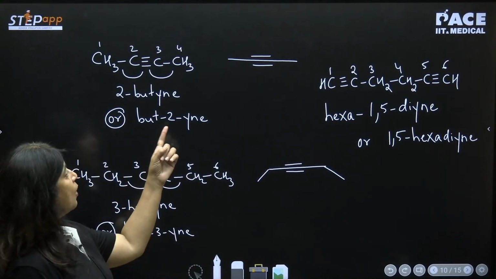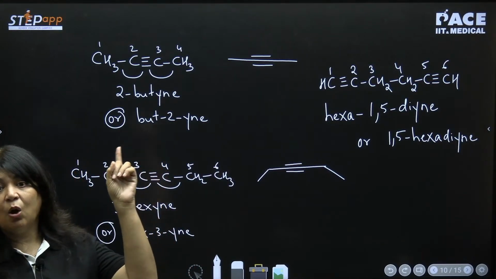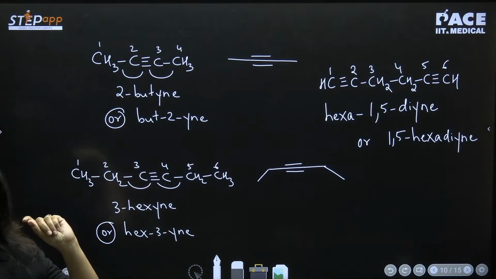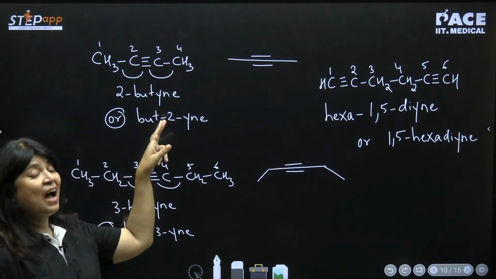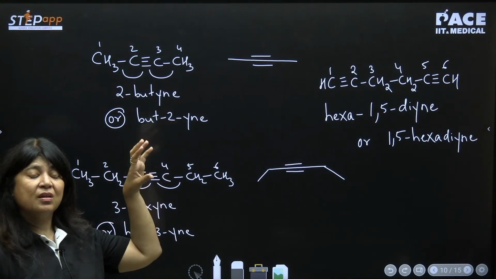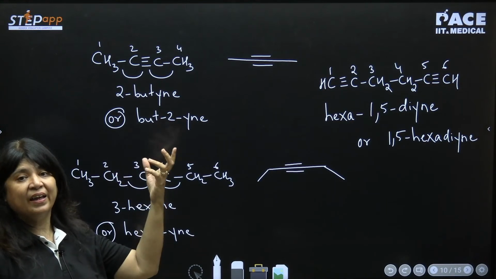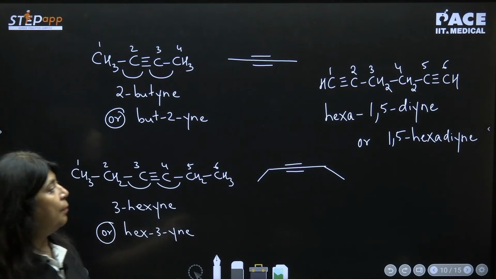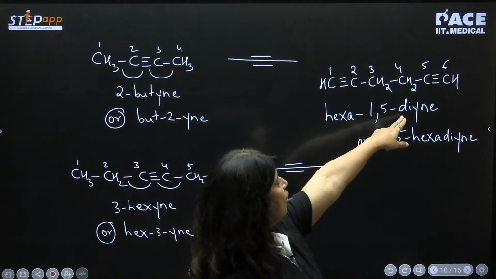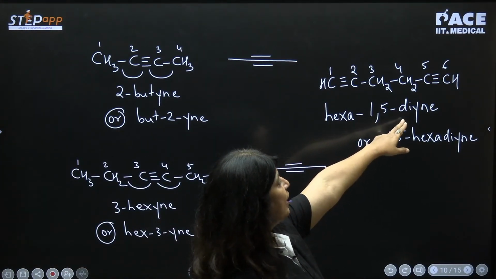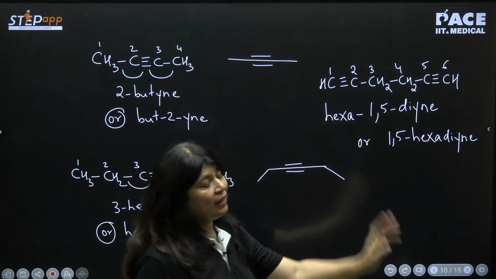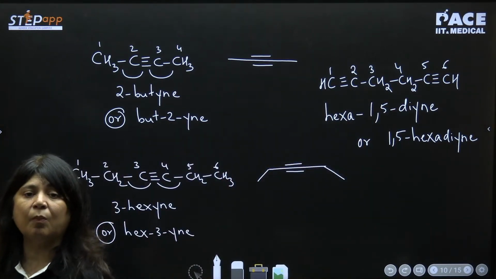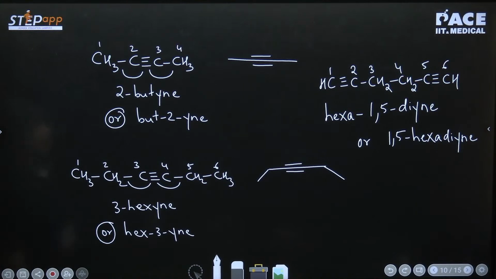I pronounce this as yne, not wine. Since it sounds like an I here, it is taken as the letter I, and that is why we don't add the letter A here. But here, since this is not a vowel, neither is it sounding like a vowel, so I have to add the letter A here. So it is hexa-1,5-diyne.